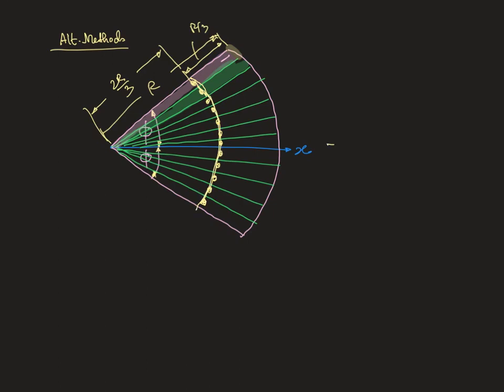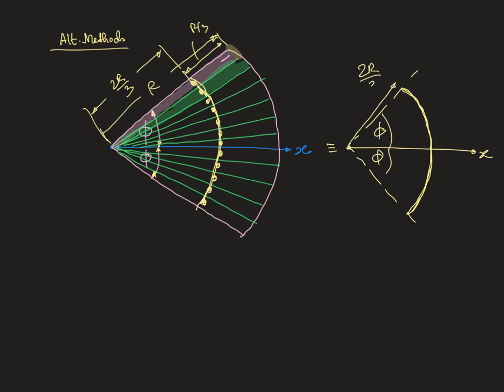So actually what you have to find out now is there is a ring which subtends angle 2 phi at the center of curvature, and which has radius 2R by 3. You have to locate the center of mass of the ring. That is what the problem comes down to.